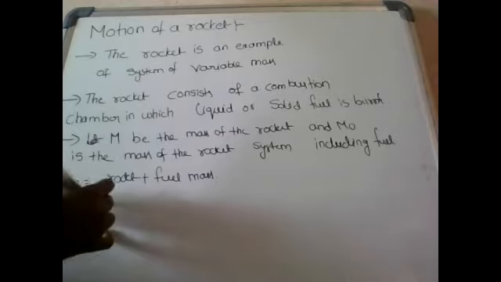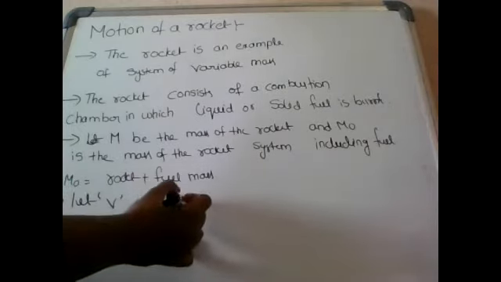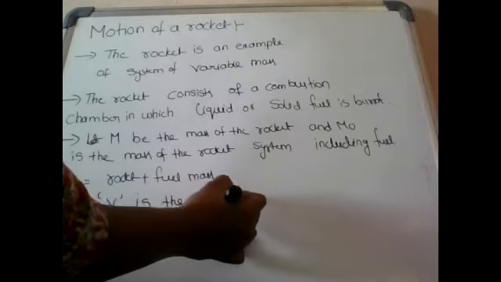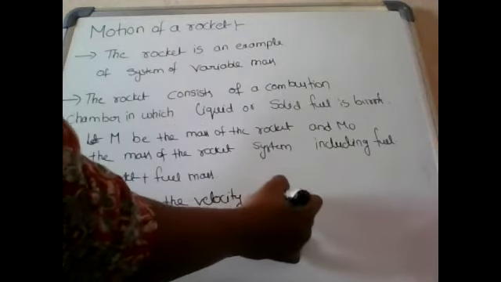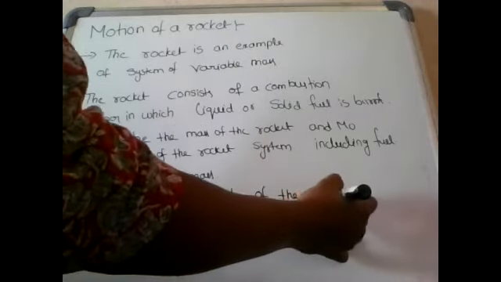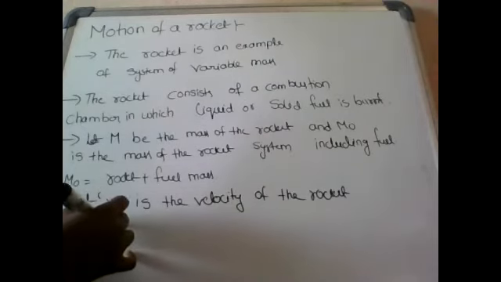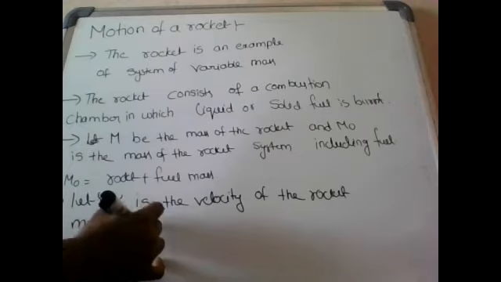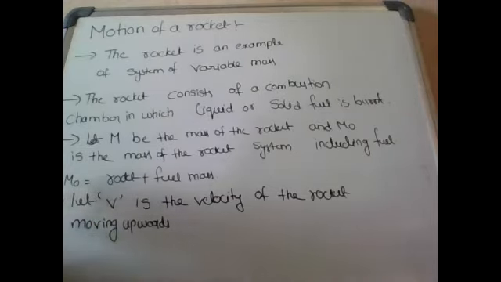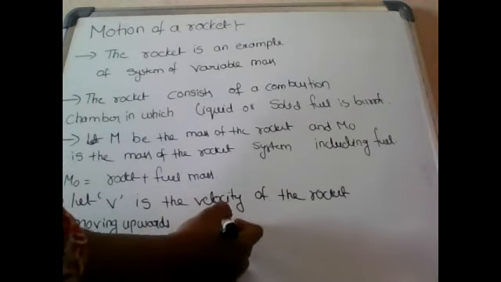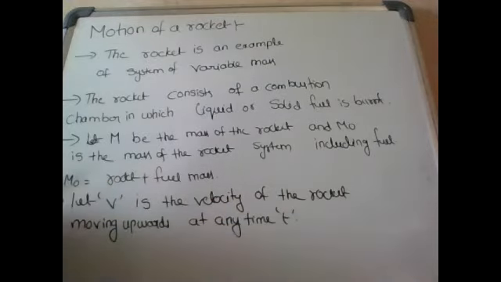And let v is the velocity of the rocket moving upwards at any time t.